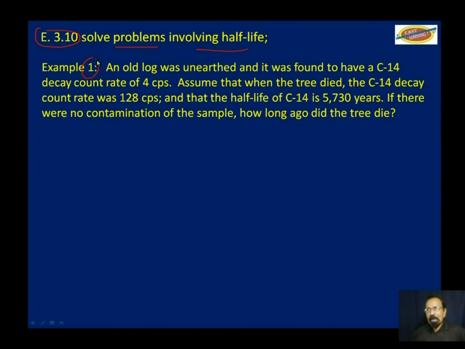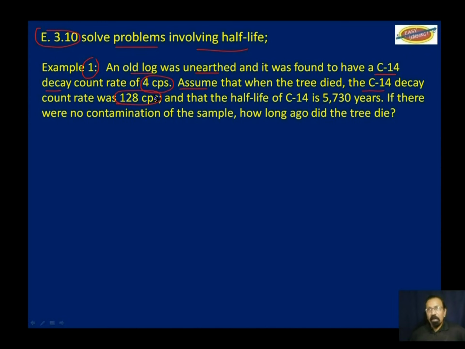Example 1. An old log was unearthed and it was found to have a C14 decay count rate of 4 CPS. That is right now. This is science. We can count on that. Assume that when the tree died, note that, assume, the C14 decay count rate was 128 counts per second.